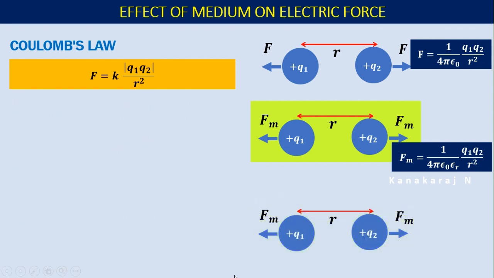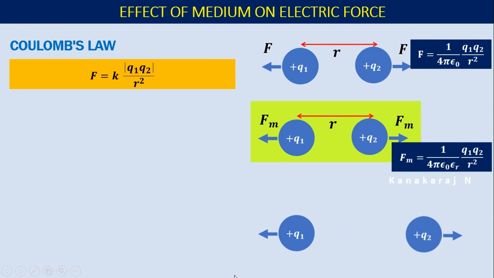So we remove the medium. So there is a medium, and this medium is being removed. Once it is removed, what happens? The force increases to the value capital F. To go back to the same old force Fm, I am increasing the distance.